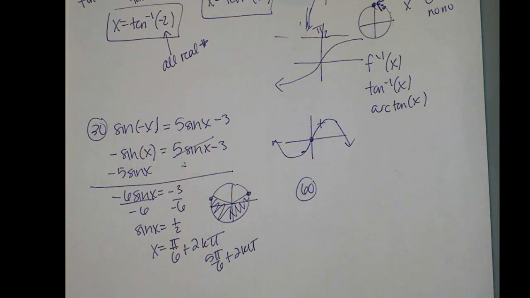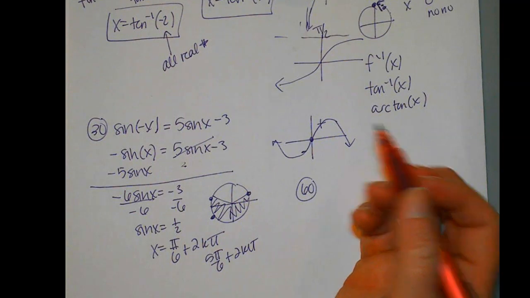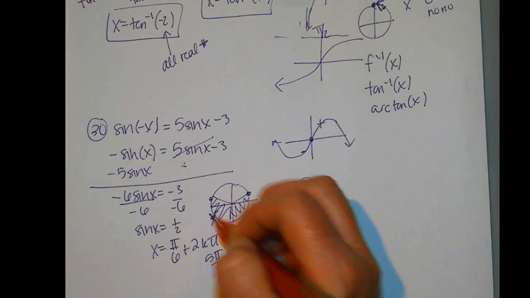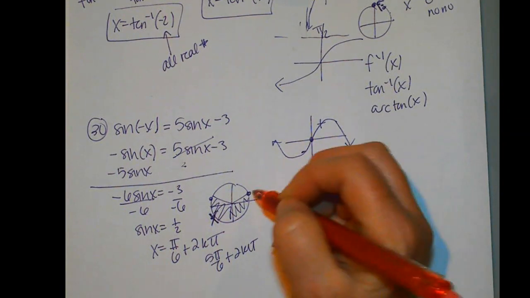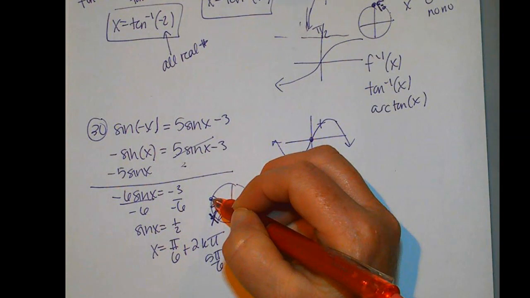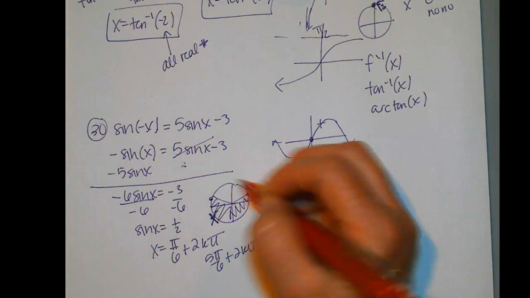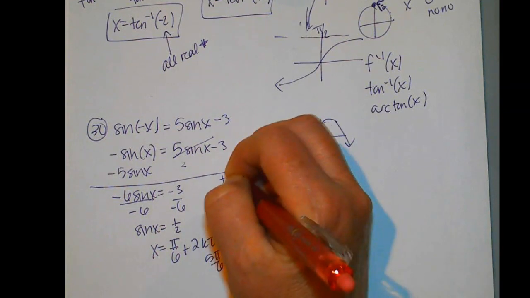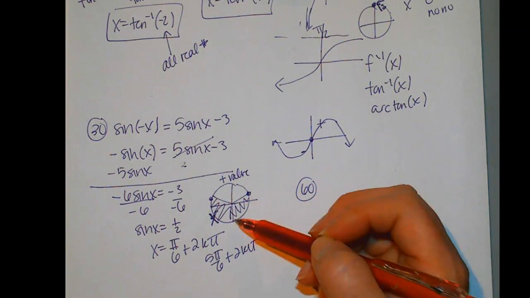So for 30 could we have also put pi over 6 plus k pi? No, because k-pi would be this point. Oh yeah. But then could we just put pi over 6 plus 2k pi and not put 5 pi over 6, or do we have to? In order to get from this point to this point, you can't get to this point by adding a value and then get back to this point by adding the same value.